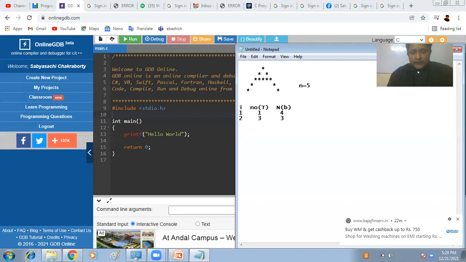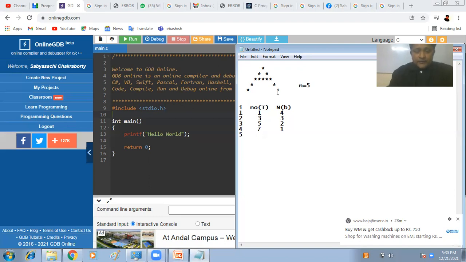So we just plot accordingly. For the third line, when i equals 3, the number of points is 5 and the number of blanks is 2. In this way, for the fourth line, the number of blanks is 1 and the points are 7. For the fifth line, the last line in this example, the number of points in that pyramid is 1, 2, 3, 4, 5, 6, 7, 8, 9.